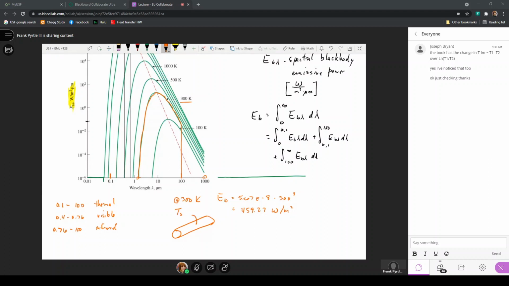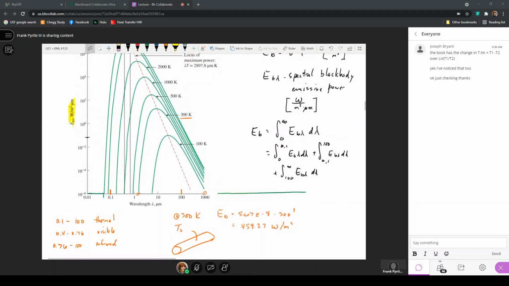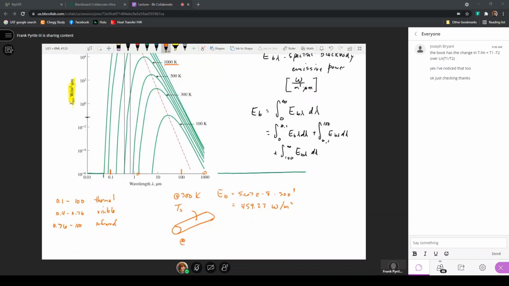Now, what happens when I increase the temperature of this cylinder that I'm saying behaves as a black body? What happens if I raise the temperature to 1,000 Kelvin? All right, so I go from 300 Kelvin up to 1,000 Kelvin. Well, at 1,000 Kelvin, the black body emissive power is 5.67 times 10 to the minus 8 times 1,000 raised to the fourth power.